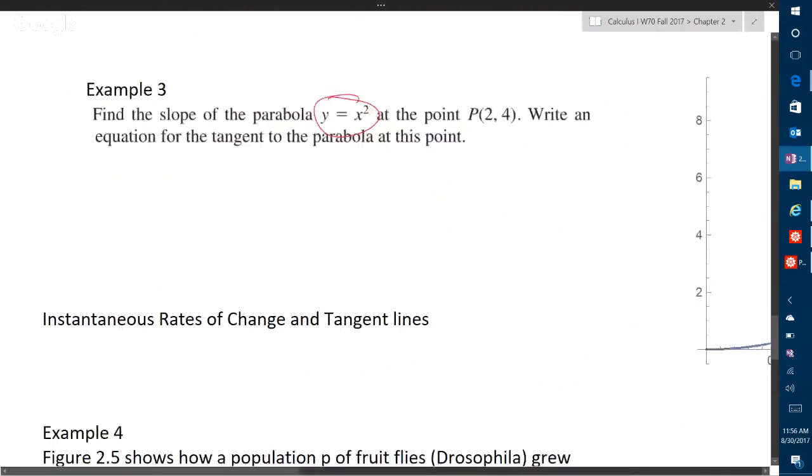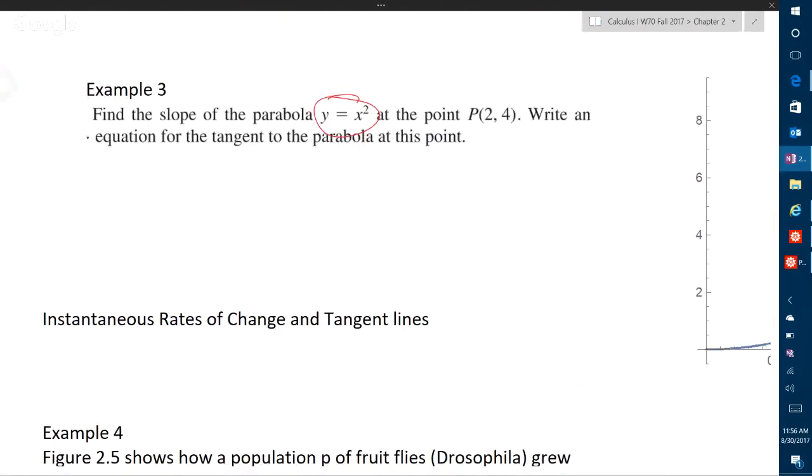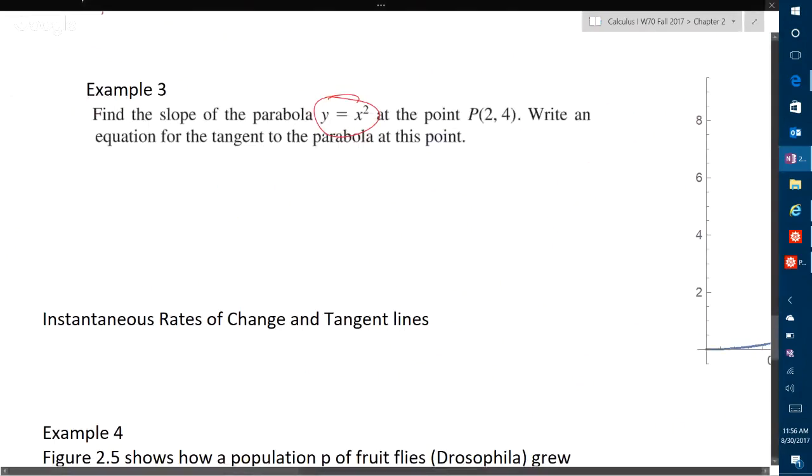All right, so let's do the second part, where it says write an equation for the tangent line to the parabola at this point. To do that, we'll use y minus y1 is equal to m times x minus x1. This is called the point slope form.